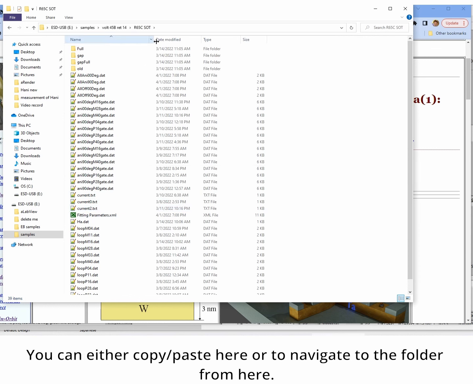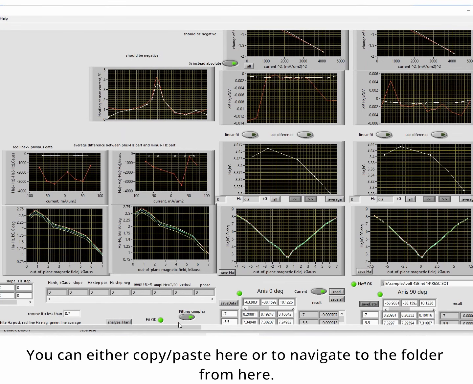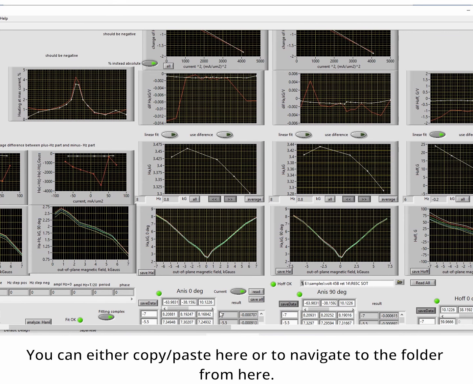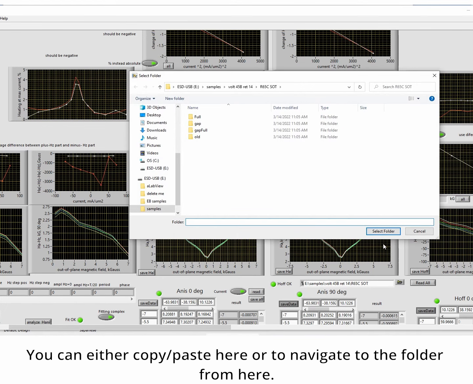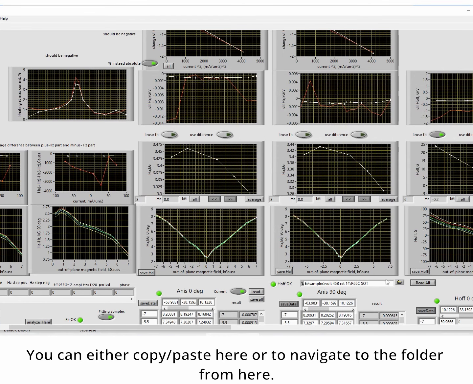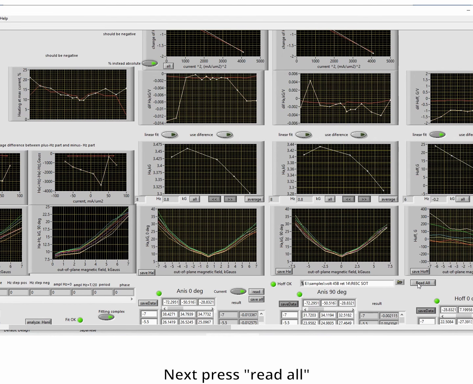You can either copy, paste here, or navigate to the folder from here. Next, press Read All.